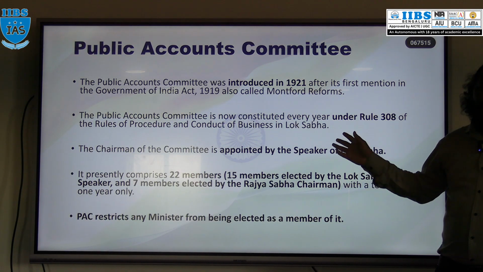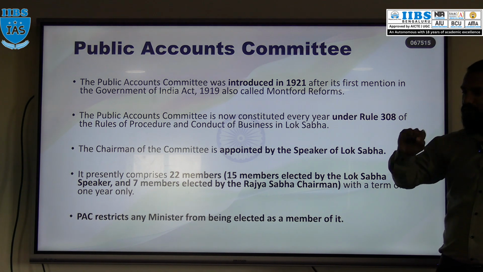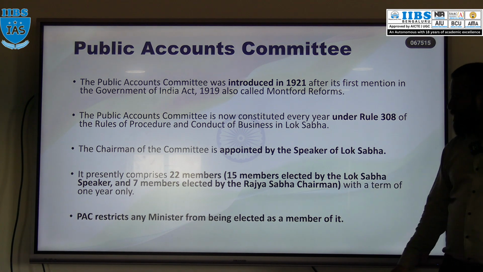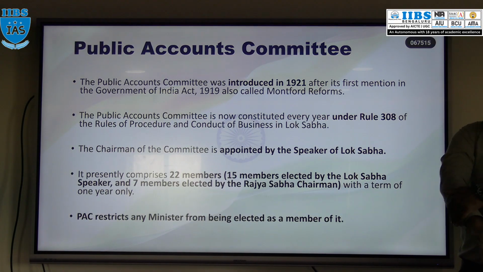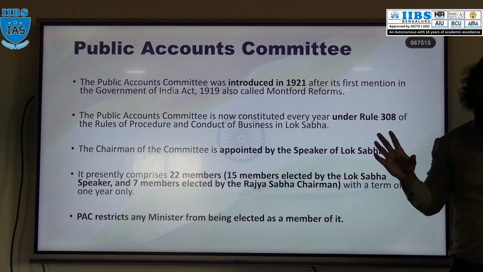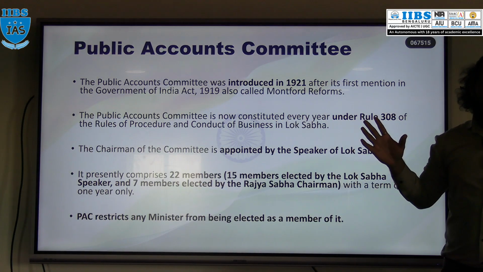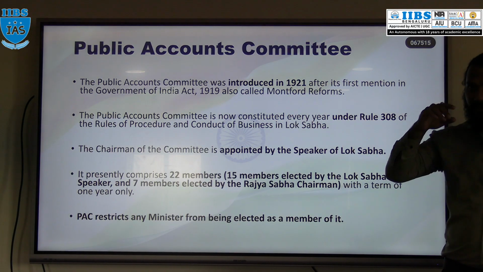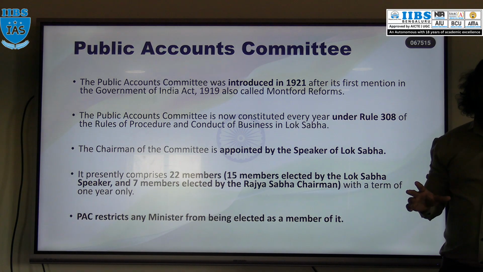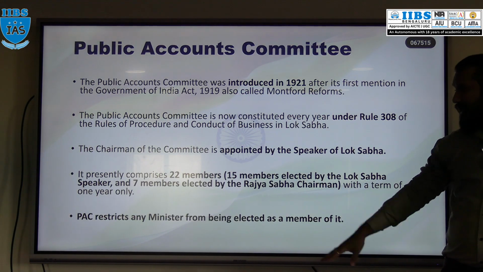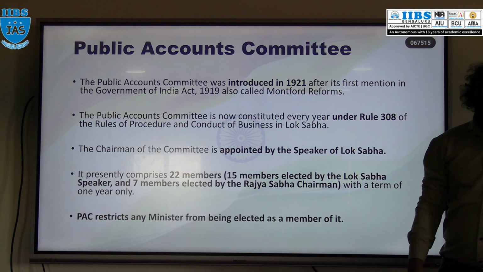How many members are there? 22 members. Out of 22, 15 members are from Lok Sabha, elected by the Speaker, and 7 members are from Rajya Sabha, elected by the chairman of Rajya Sabha.